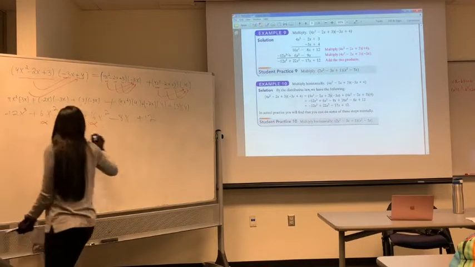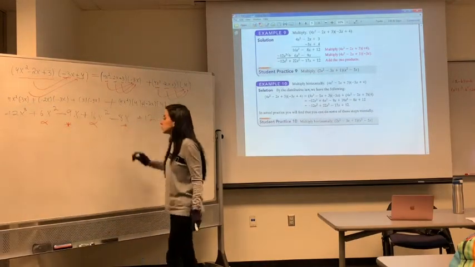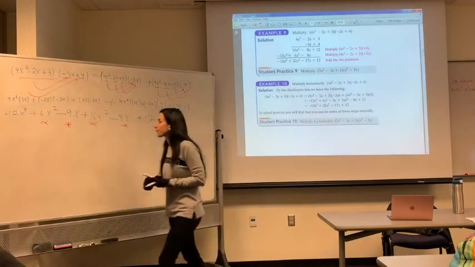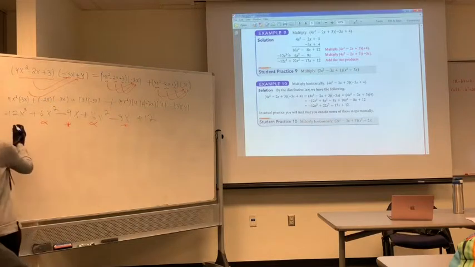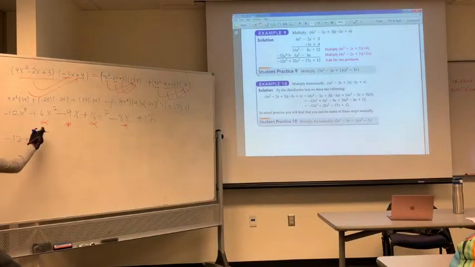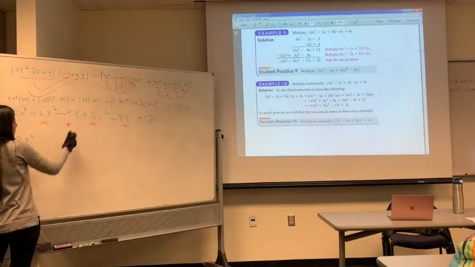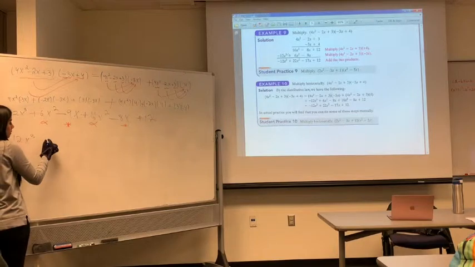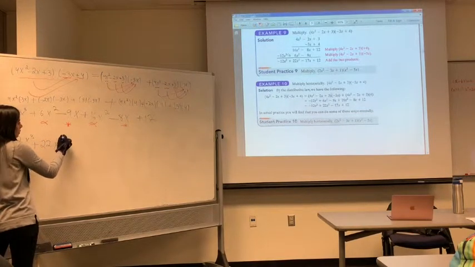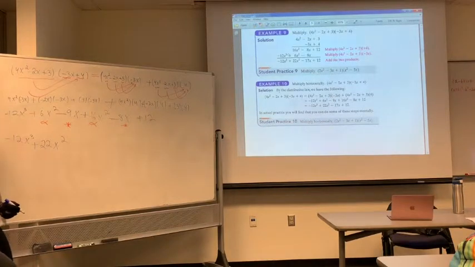This one is a like term for this one, right? So this one is alone. This one and this one together give us 22x squared.